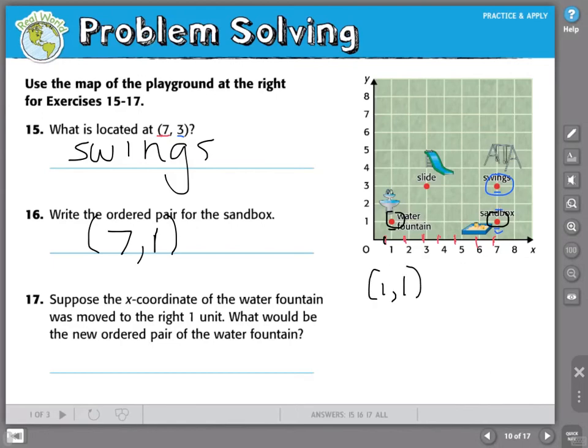But what if it was moved to the right 1 unit? Right is this direction. So I would move 1, 2 spaces on the x-axis before I moved 1 on the y-axis. Its new location would be right here, and that would be 2, 1.